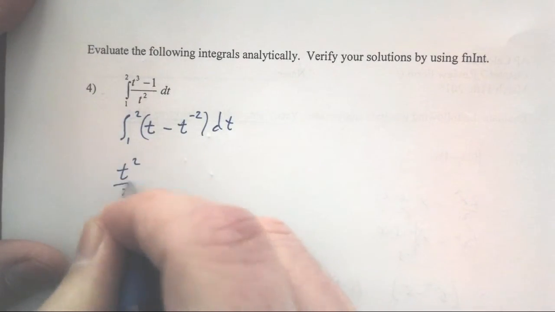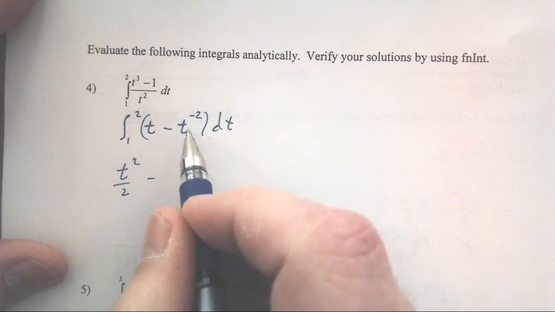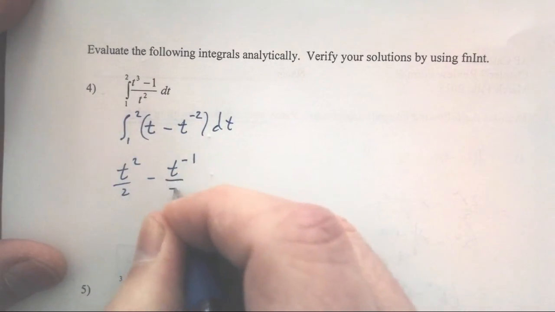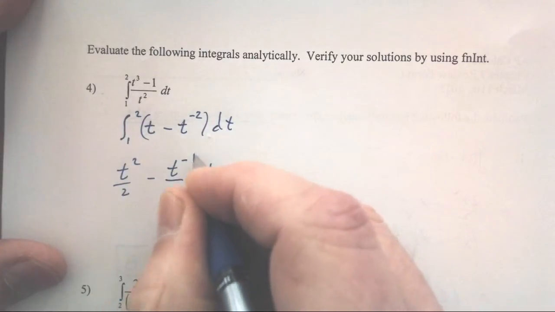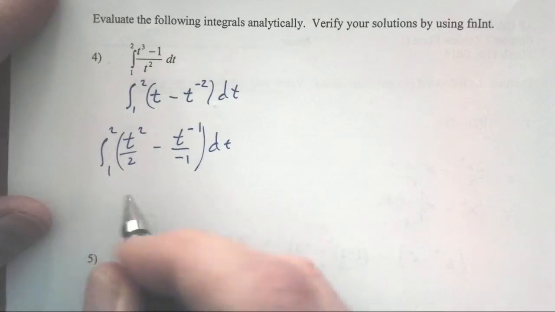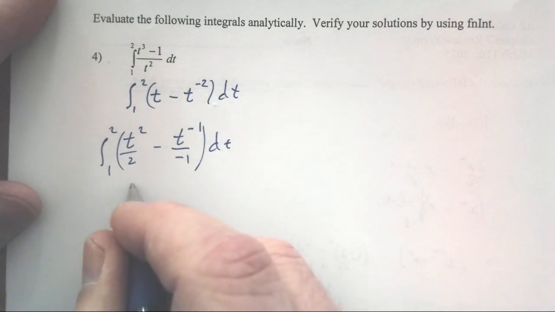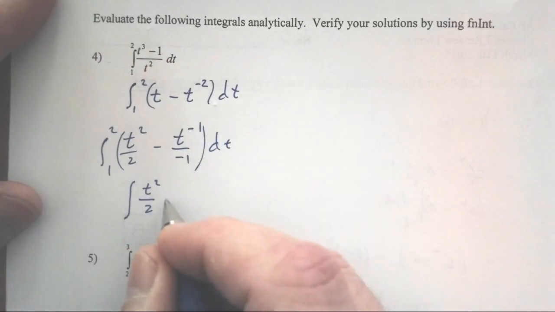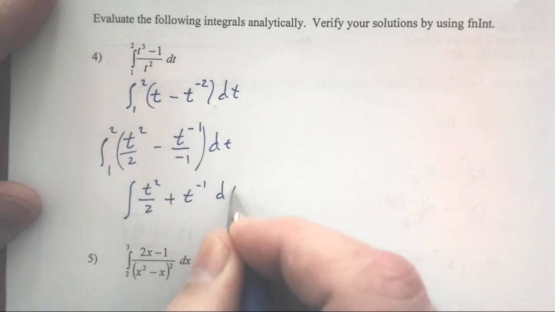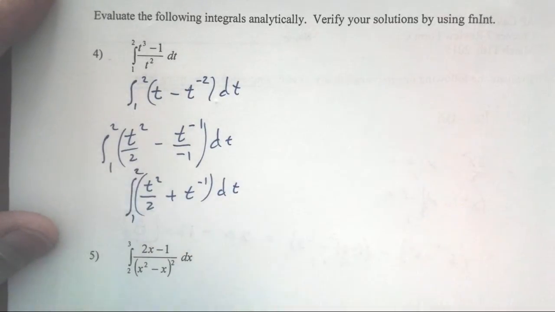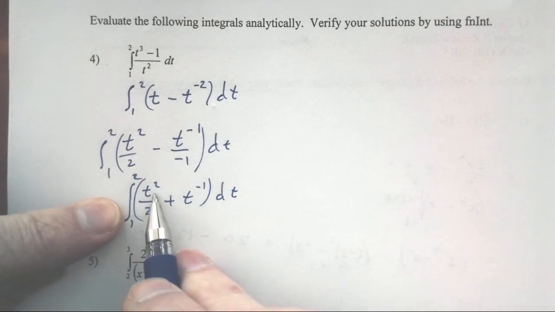T to the 2nd on 2 minus t to the negative 1st on negative 1. And maybe I'm taking a step you didn't need to take there, but I'm going to just make this integral t to the 2nd on 2 plus t to the negative 1st dt, and we can just integrate that step by step.